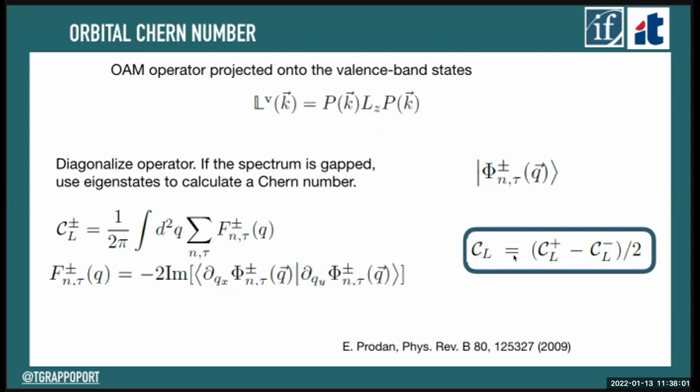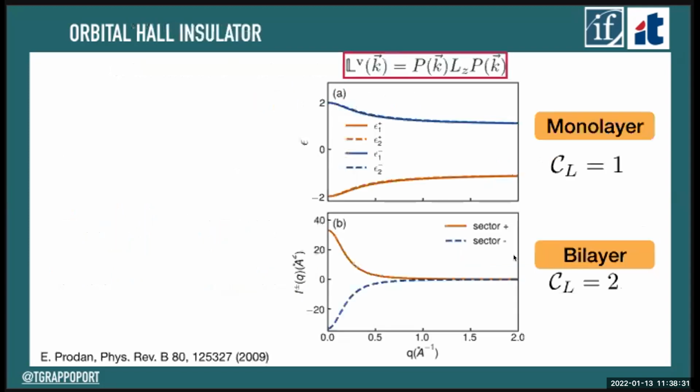So what we do is we use the orbital angular momentum operator, which is projected onto the valence band states. And we diagonalize this operator. If the spectrum is gapped, we can use the eigenstates to calculate the Chern number. If the spectrum is not gapped, we cannot do anything with it. But if it's gapped, we can use the eigenstates to also calculate some sort of Berry curvature, and then again calculate the Chern numbers.